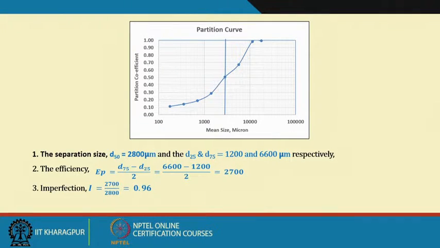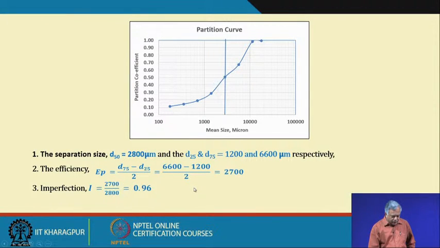But I suggest that for screening, imperfection is a better way of doing that. Imperfection is nothing but your EP divided by D50. So, what is the D50 value? 2800, and EP is (D75 minus D25) divided by 2, which is 2700.